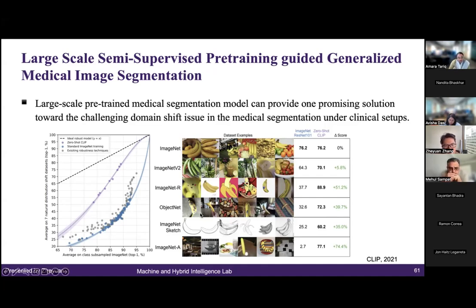People found that, compared with different robustness methods, one zero-shot pre-trained CLIP might lead to better performance than all the robustness methods, which means that large-scale pre-training itself might be a promising solution to address real-world domain shift issues, particularly in challenging clinical setups.